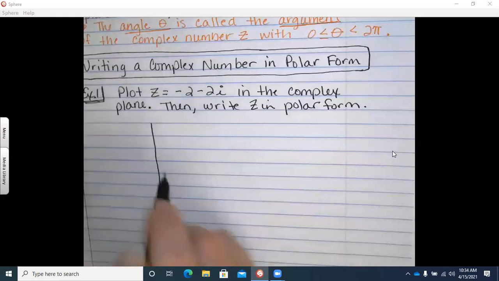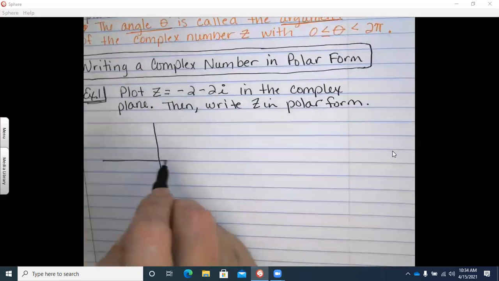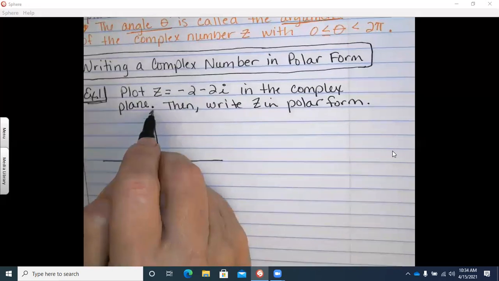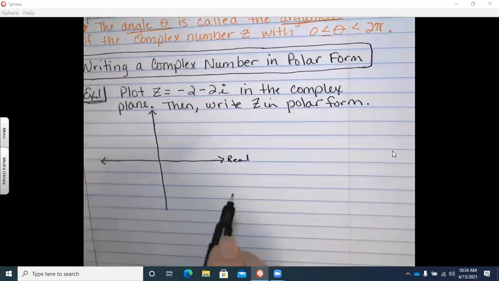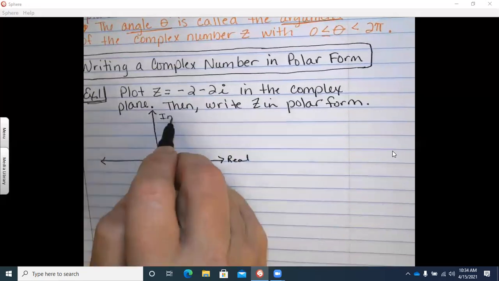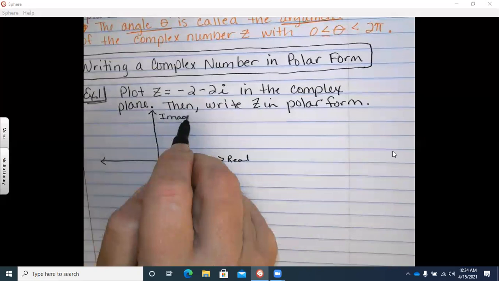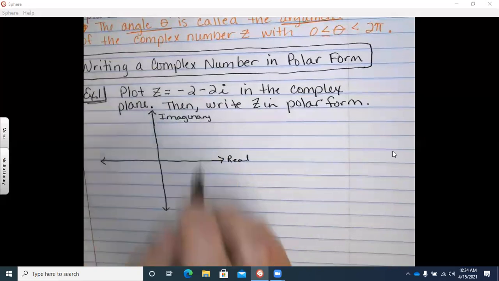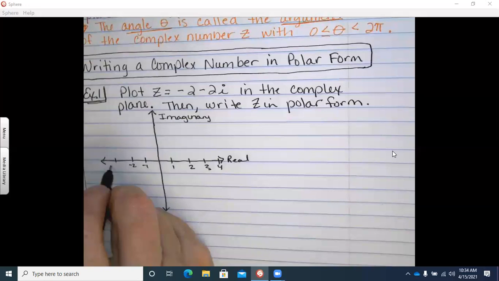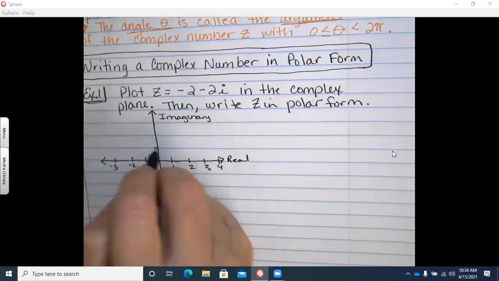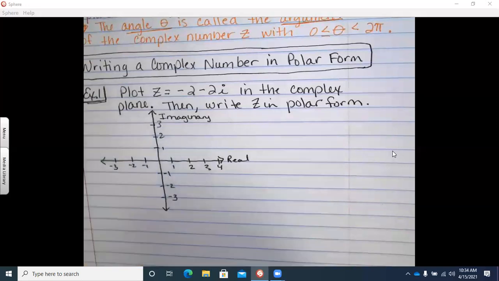So we learned last class that the real part goes on the x-axis or the horizontal axis, and the imaginary part goes on the vertical axis. So my real part is at -2, and my imaginary part is at -2i. So on the horizontal axis, I go over to -2.